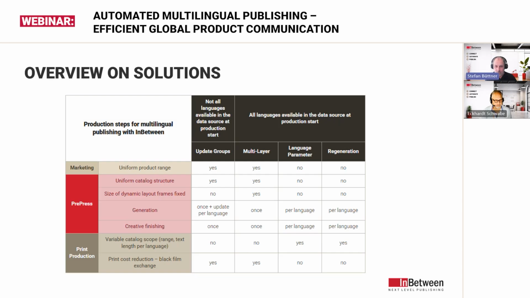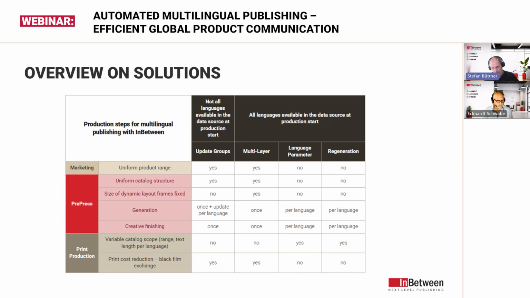So here's an overview on our solutions. Once again, a nice table. And here you can choose, for example, if not all languages are available in the data source at production start, then you can go for the approach with the update groups by using InDesign.